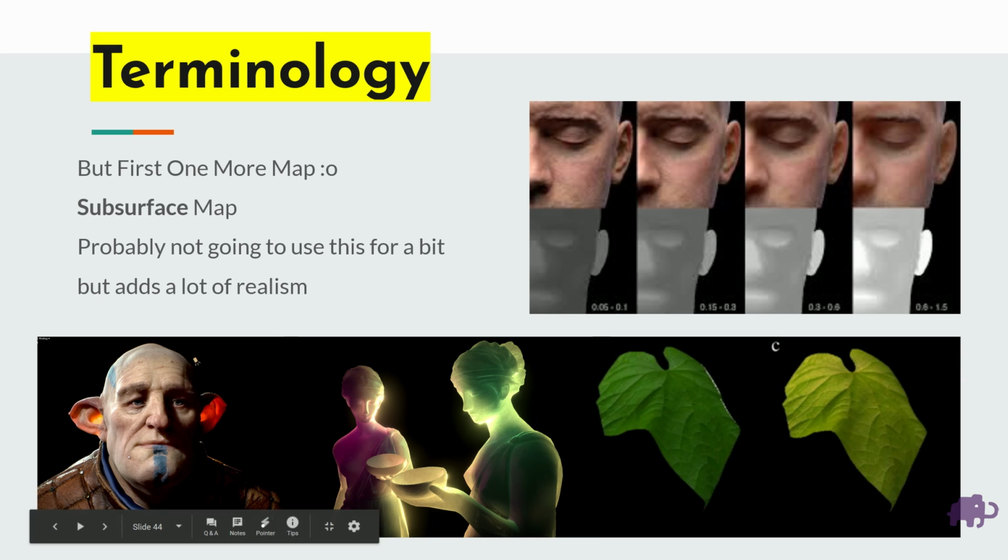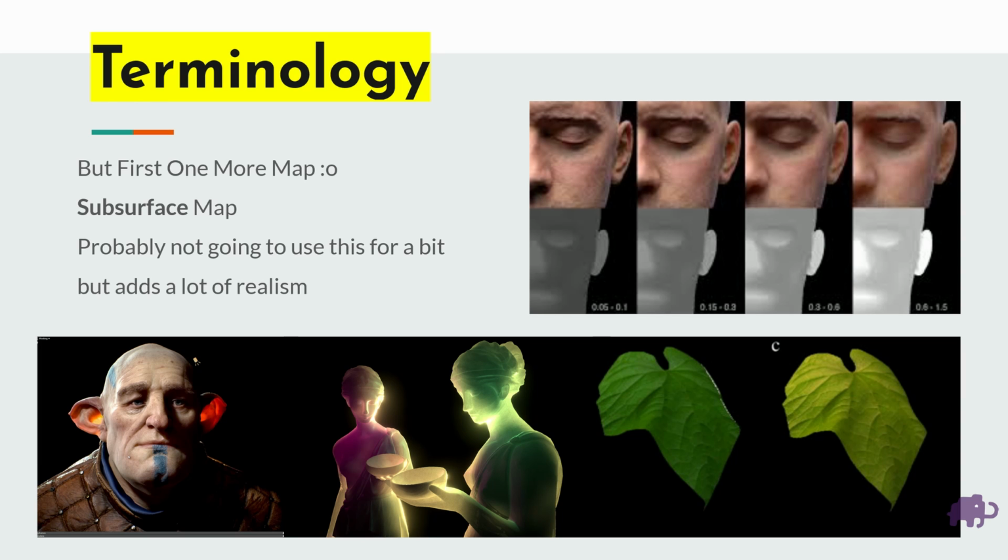So that is what makes our flesh look natural. If you ever see really bad CGI in a movie, it's probably because they don't have subsurface turned on, and what can happen without subsurface is the skin will look like rubber instead of skin.